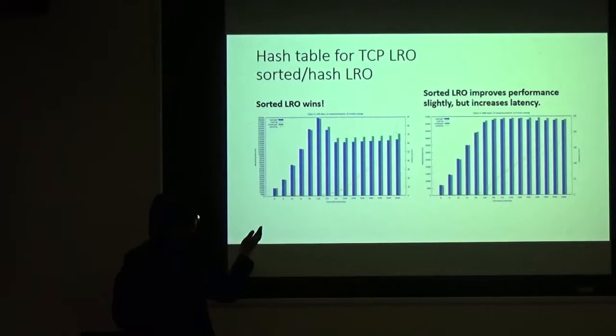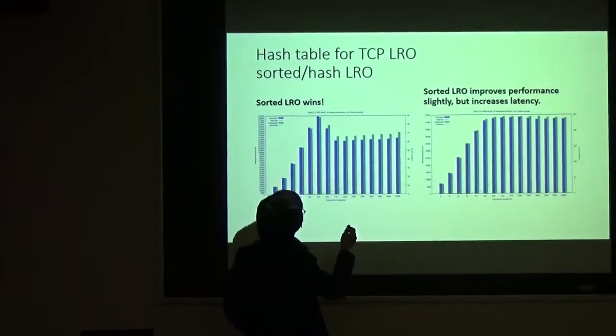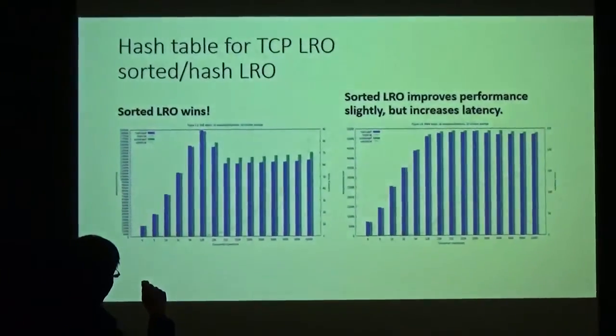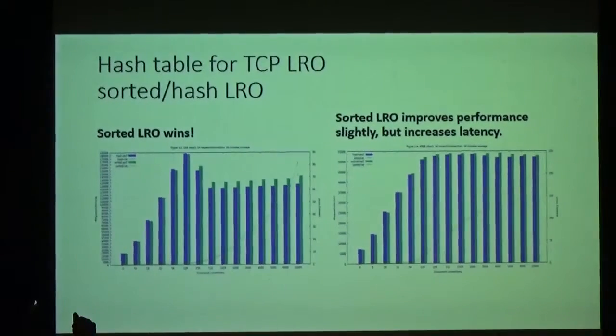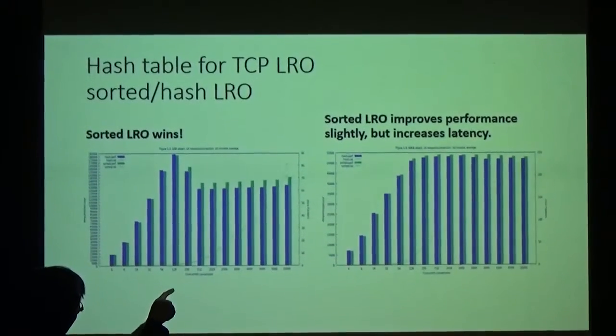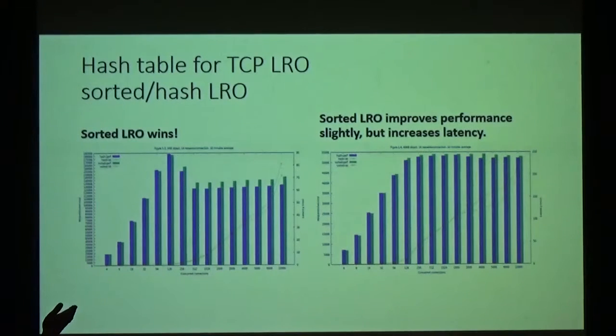But in the other situation, like 14 requests per connection and 14 kilobyte object, the performance improvement of the sorted LRO is quite minor. The green line is the latency of the hash table LRO, and the orange line is the sorted LRO's latency. The latency increment of the sorted LRO is quite noticeable, so it actually does not worth the trouble here.